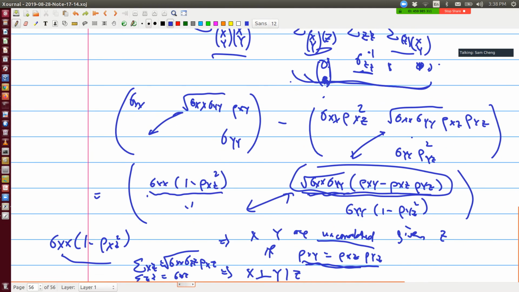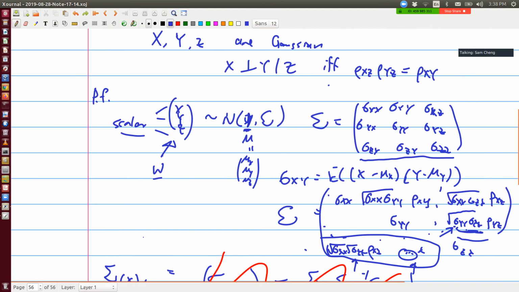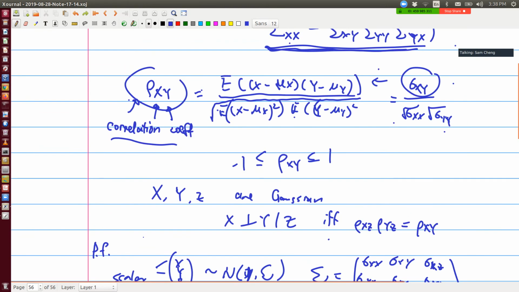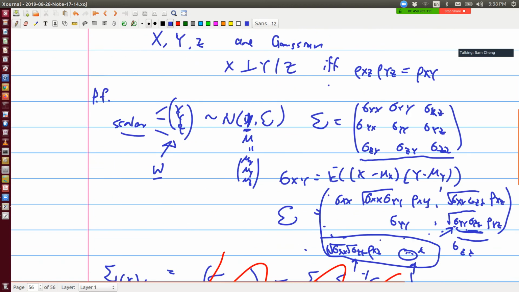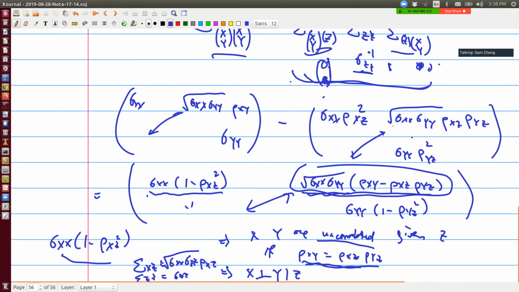Yeah, so if you substitute into the earlier equation here, you can also verify that you should just get back to this one. Of course, you also have sigma xx equal to small sigma xx.